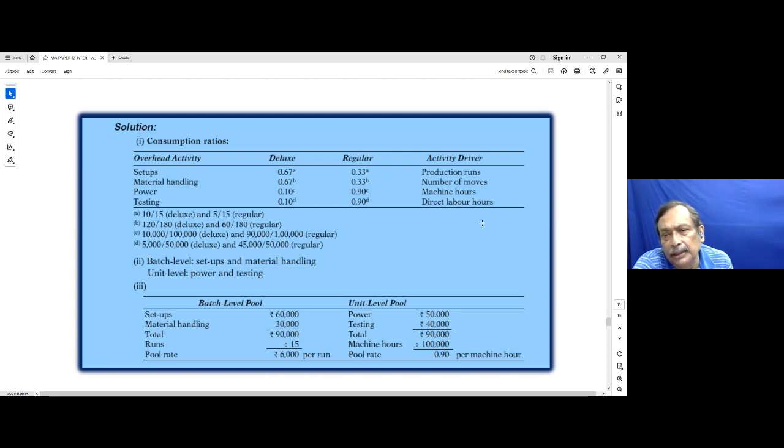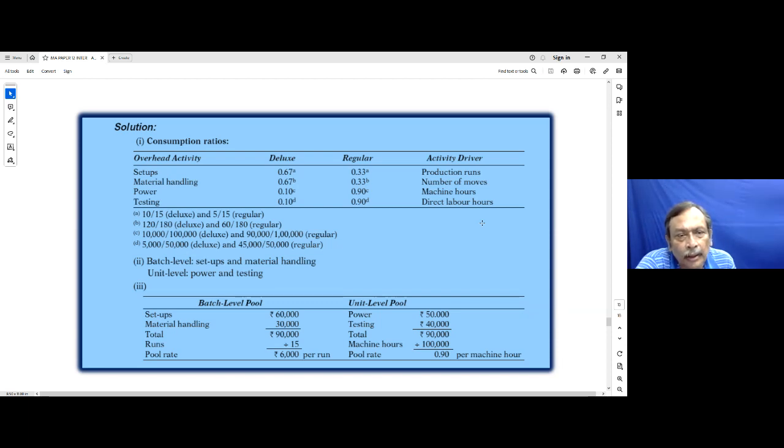Activity driver we have already chosen, number of moves. Power, definitely machine hours are predominating. Hence 10,000 divided by total machine hours for deluxe and 90,000 divided by 1 lakh for regular, that is 0.10 and 0.90.